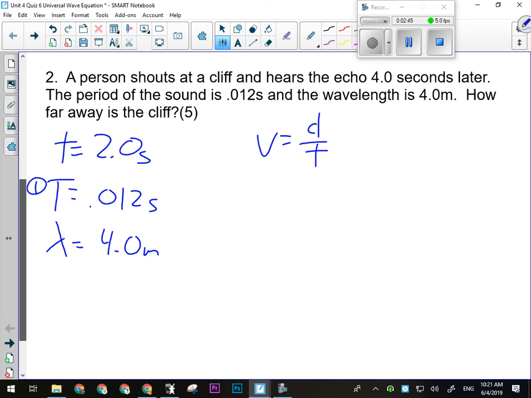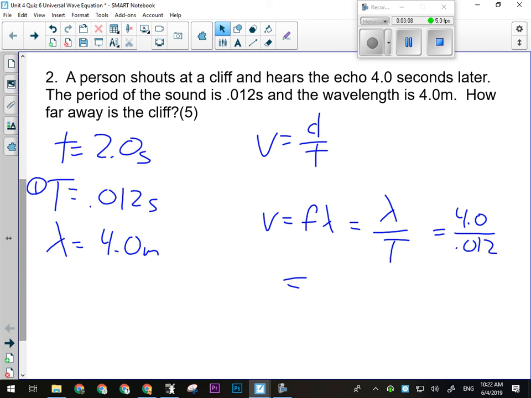So 1 mark for givens, and 1 mark for either going V equals F times lambda or lambda over T. That's the way I'm going to do it because then I don't have to do an extra calculation. They gave me the period, right? So I'm going to take the wavelength, which is 4.0, and divide that by 0.012 seconds, and that's going to give me the speed of the waves.